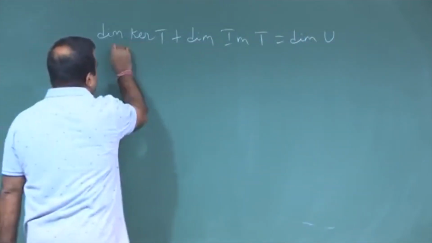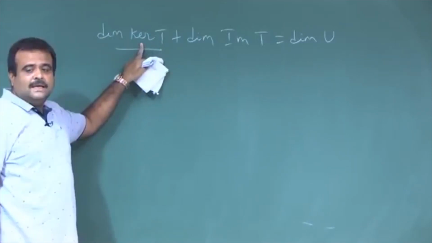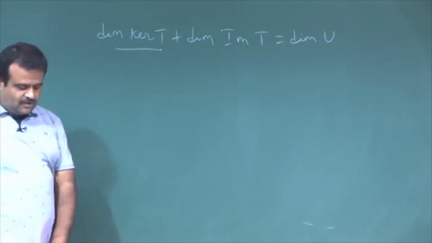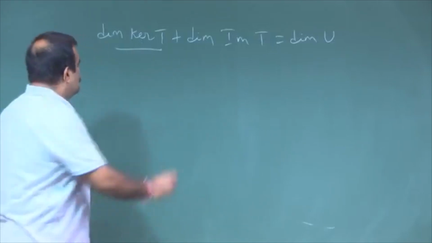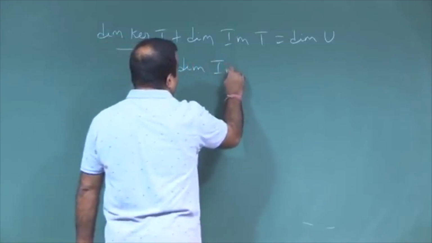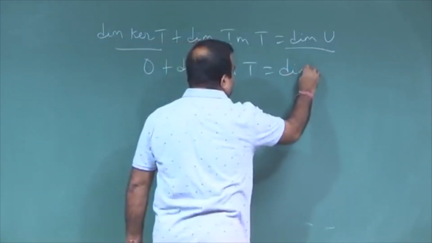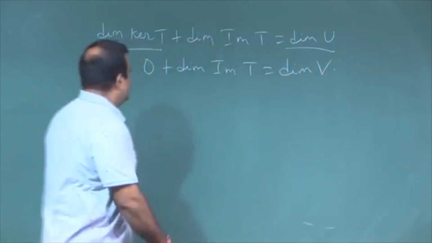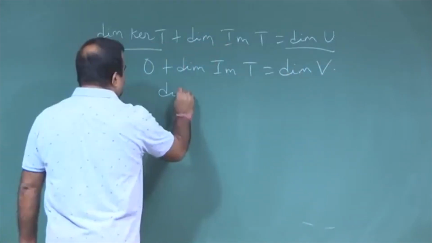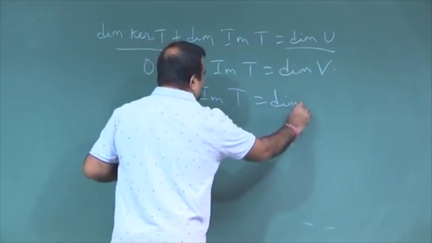Now, we have seen the kernel dimension is 0, because the kernel of T consists of only the 0 vector of U. So, 0 plus the dimension of the range of T is equal to the dimension of U, which is the same as the dimension of V, by the assumption we made. So, the dimension of the range of T is the dimension of V.